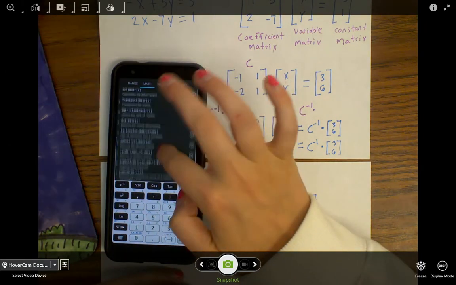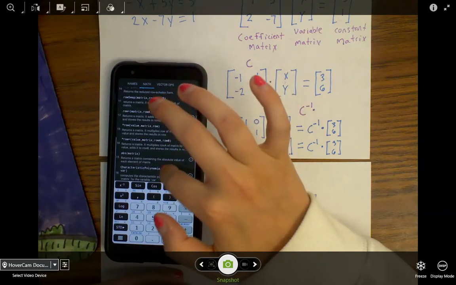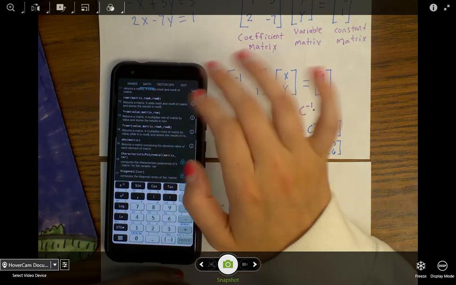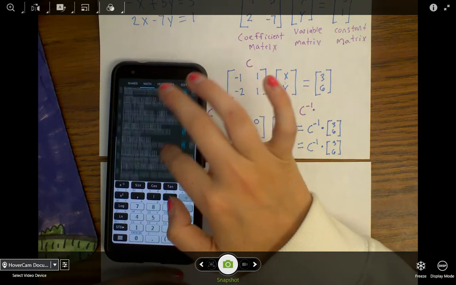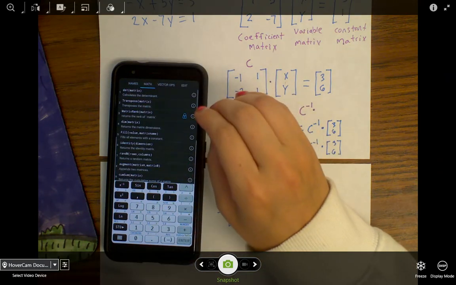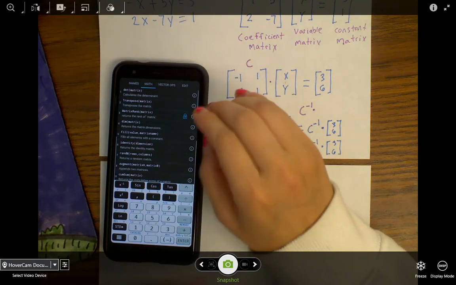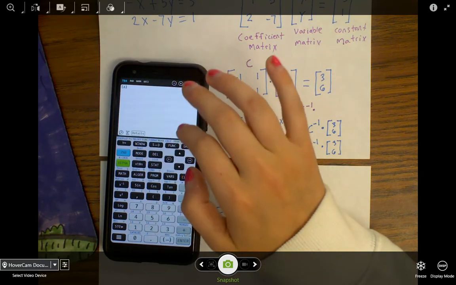And then there's some other stuff that is kind of above what we need to know. You can take the absolute value of a matrix. You can do lots of stuff here. However, remember that we're just needing to take the inverse and multiply. So those are actually just going to be on our home screen.